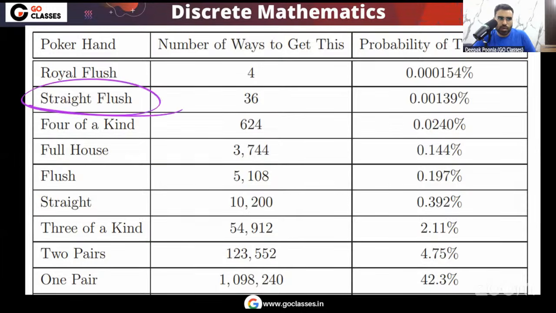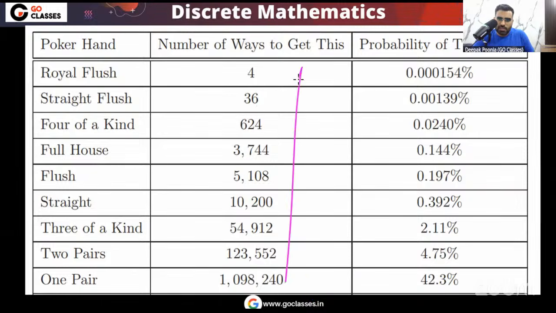Then you can see the total number of straight flushes is 36. The total number of four of a kind is 624. Total number of full houses we have seen. Total number of flush, straight, three of a kind, two pair, one pair. Can you notice that this is the order where the count is increasing but the worth is decreasing?